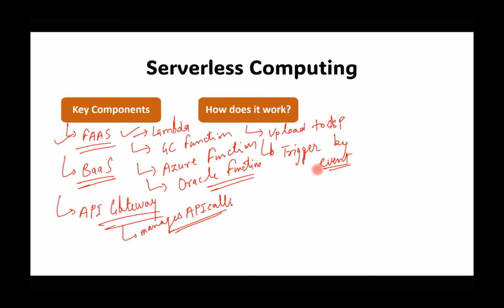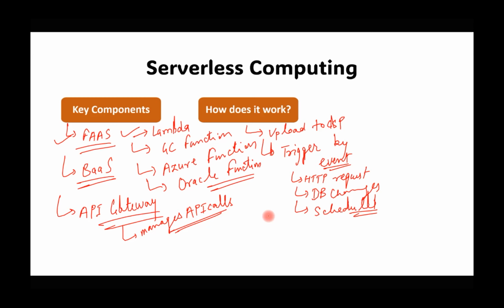What are these events? These can be anything like an HTTP request, whenever you click on a web URL, or if there is any DB change, or if you scheduled an event. These are a few examples where we can trigger this function. It all depends on our configuration, how we want to trigger or execute that particular function.